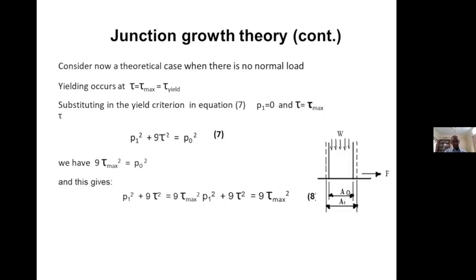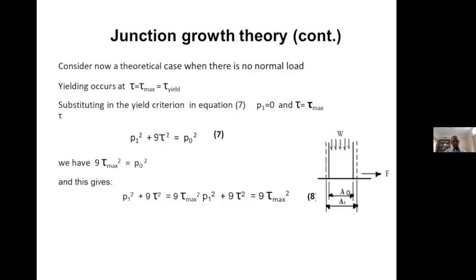So let's go through this again. We have said earlier that the junction growth of most normal ductile material is governed by equation 7, which is P1 square plus 9 tau square equal to P0 square.